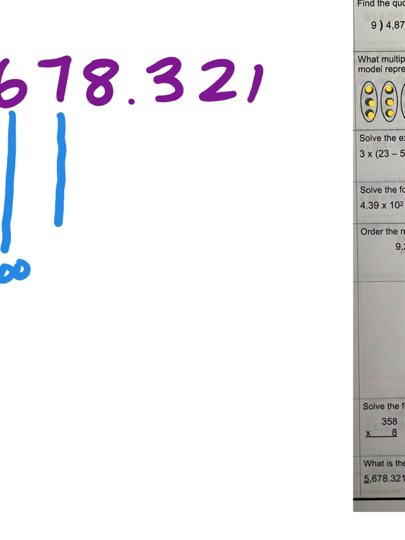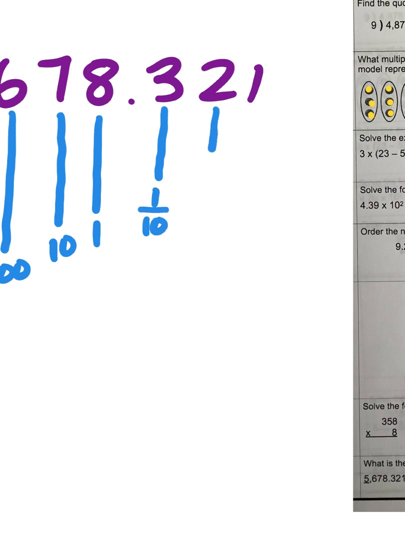The 7, tens place. The 8 is in the ones place. This 3 is in the tenths place. This 2 is in the hundredths place. And this 1 is in the thousandths place.